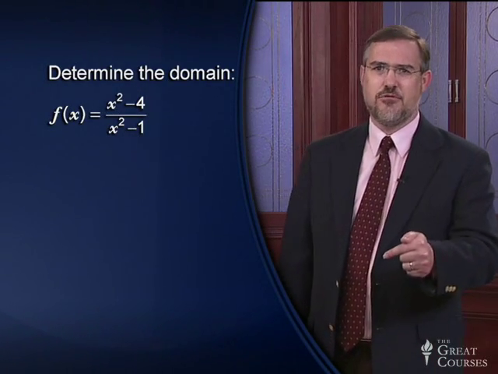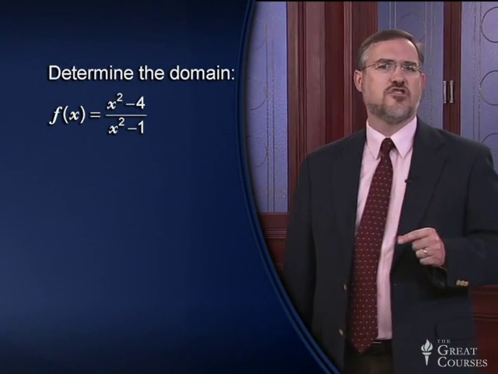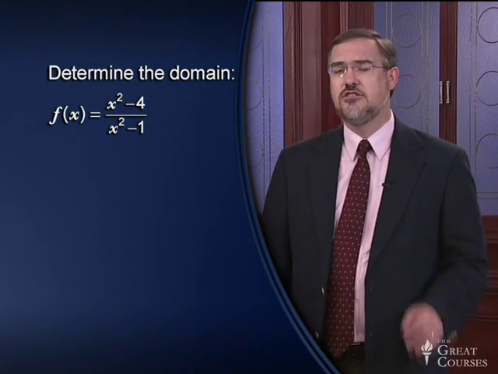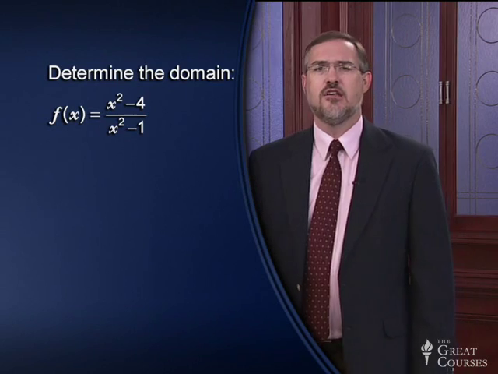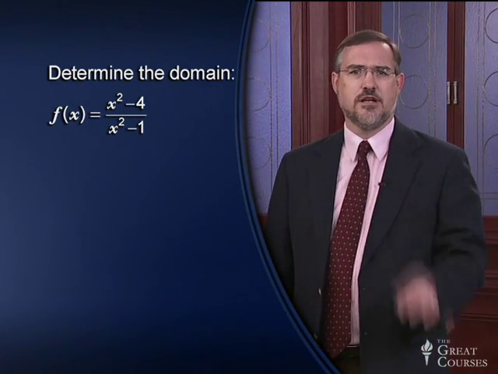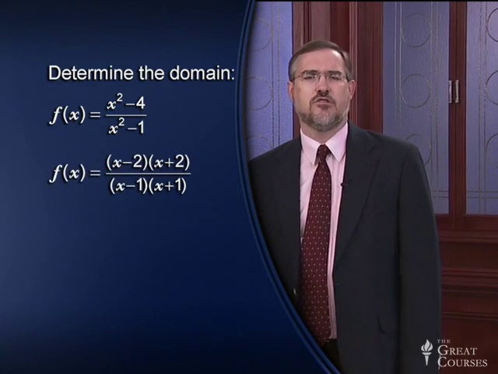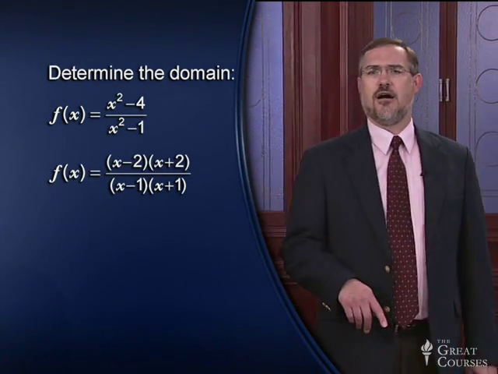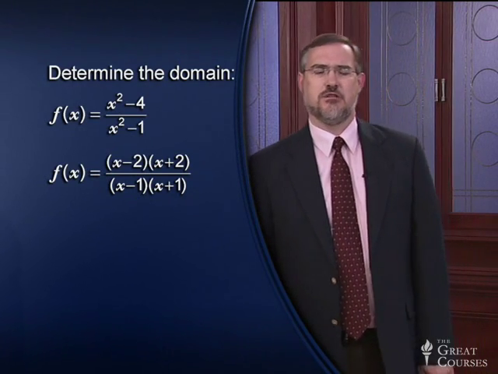Now in this example, since it's our first, I've chosen two pretty easy polynomials here, both of which are differences of two squares. So f of x, our original function, can also be written as f of x equals x minus 2 times x plus 2, all divided by x minus 1 times x plus 1.